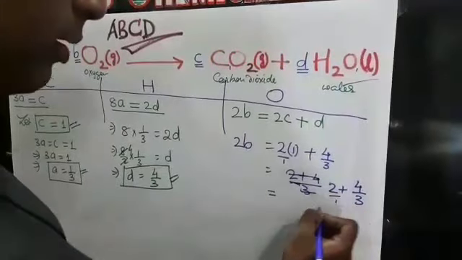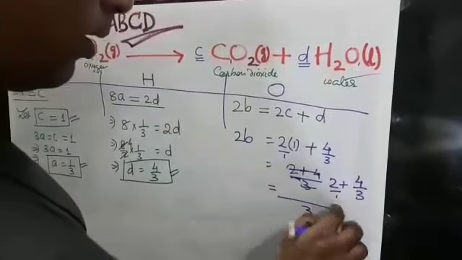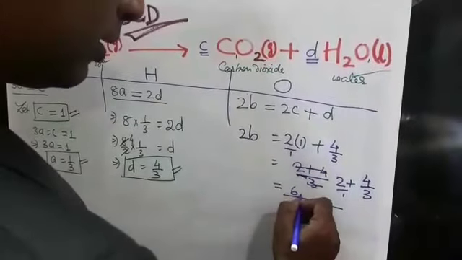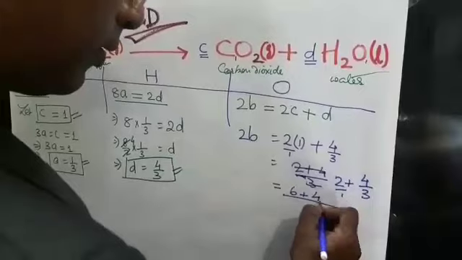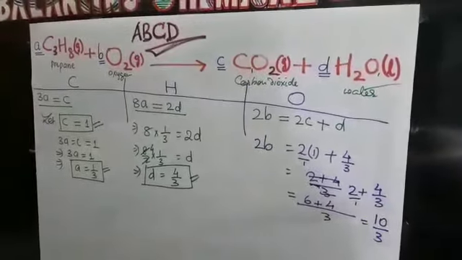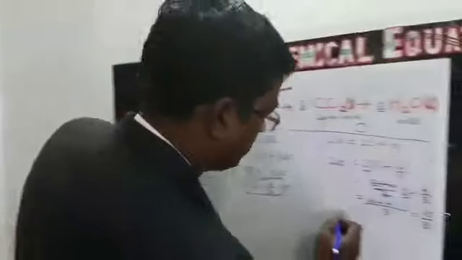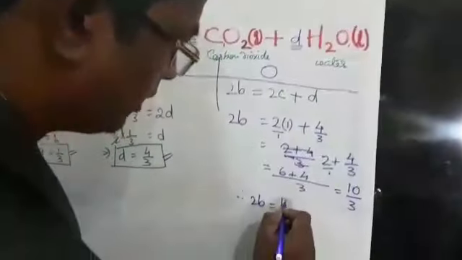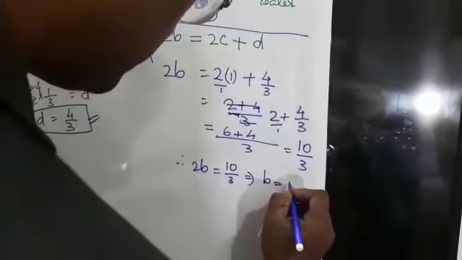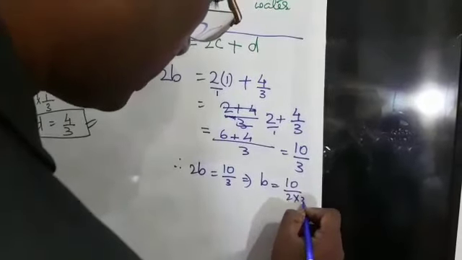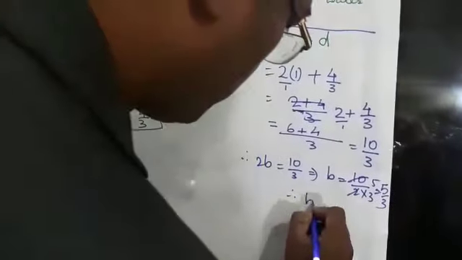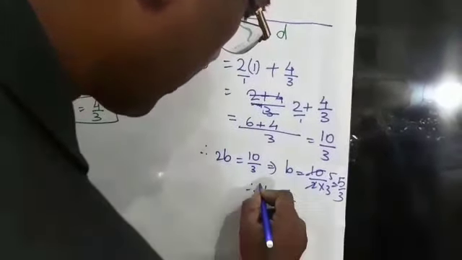We'll take an LCM here. So 1 3 is 3, 2 is 6, 3 1 is 4. It comes to 10 by 3. So therefore 2B equal to 10 upon 3, which implies B equal to 10 by 2 into 3, 2 5s are 10, equal to 5 upon 3. Therefore B equal to 5 upon 3.